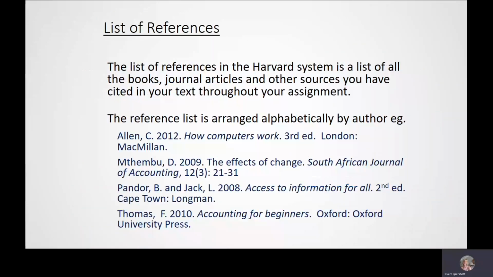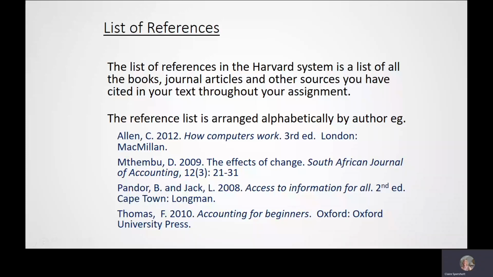Okay, so let's move to the list of references now. The list of references comes at the end of your assignment or your research, and the list is arranged alphabetically by the first author. So we have Allen, Mtembu, Pandor, and Thomas. The authors must remain in the format you find them in the book or in the journal.